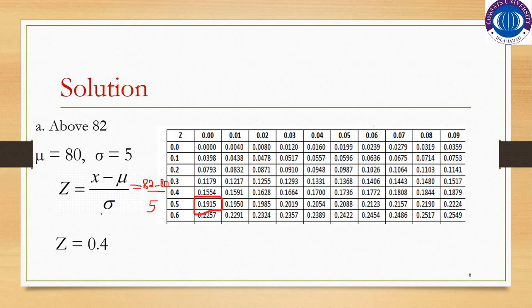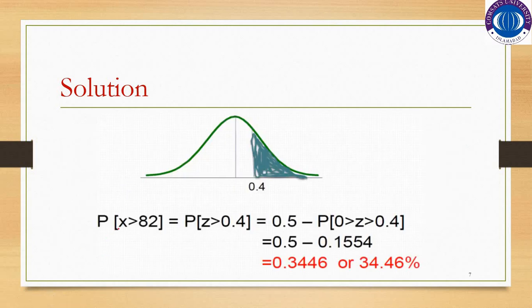So this is z equal to 0.4, and it will be probability x greater than 82 will be probability z greater than 0.4. So by constructing the graph, this one is the area which is greater than 0.4.